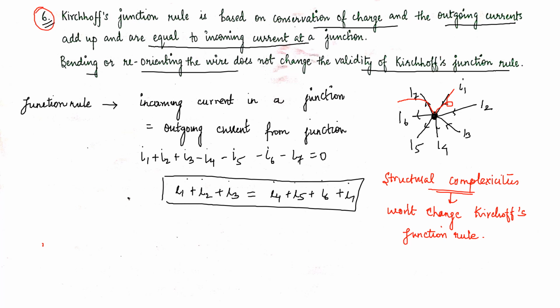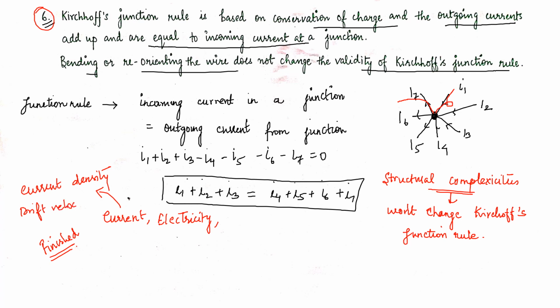Here the chapter is finished, and in this chapter we have covered current, electricity, then various factors related to current like current density and drift velocity, and then we covered Ohm's law.